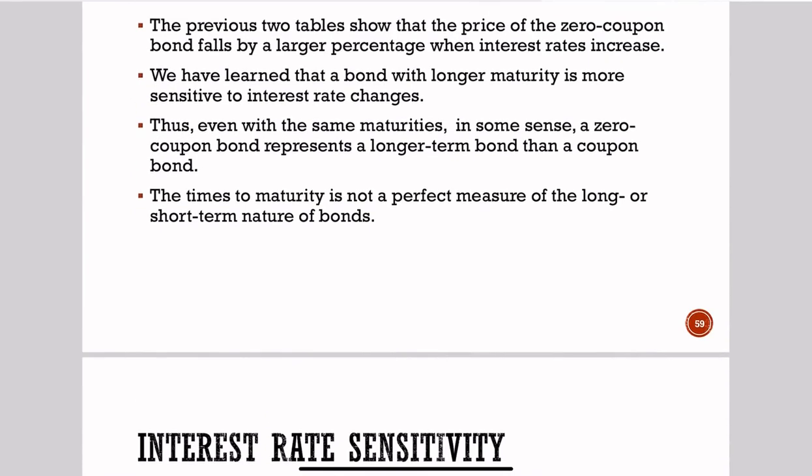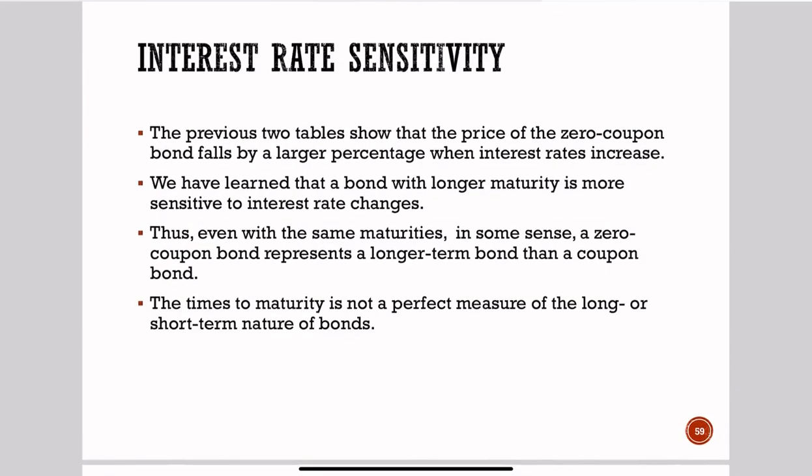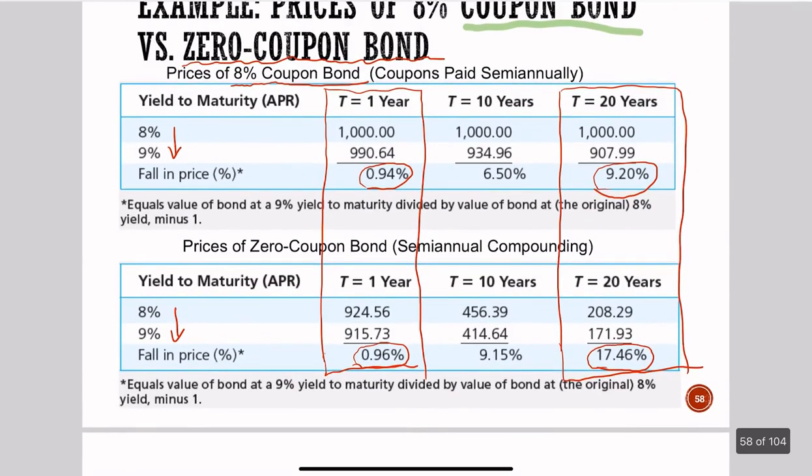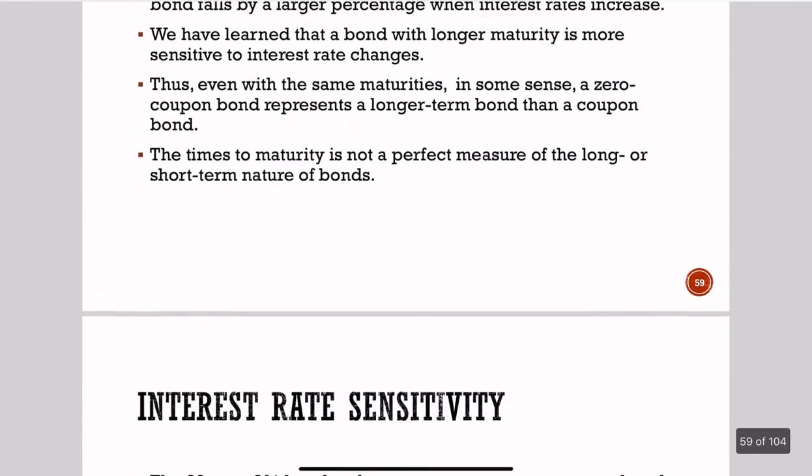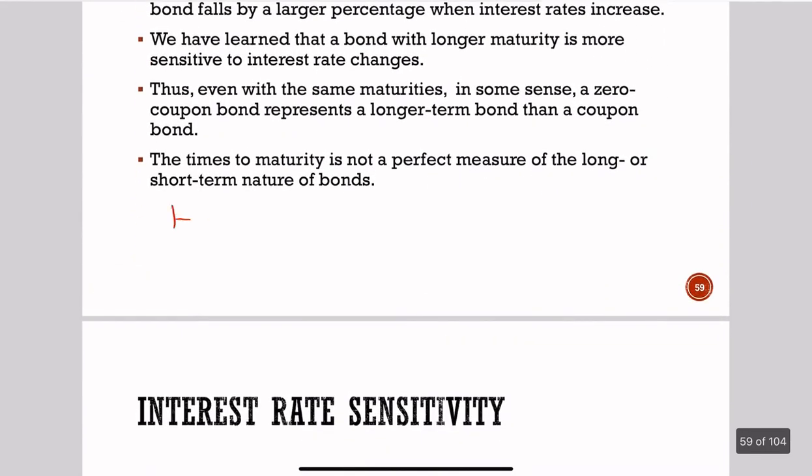Let me draw. Okay, let's think about a 10-year coupon bond versus a 10-year zero coupon bond, right? So this is a 10-year coupon bond. 10 years is just too long.